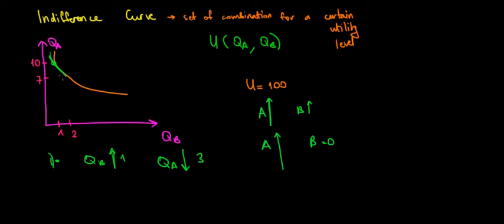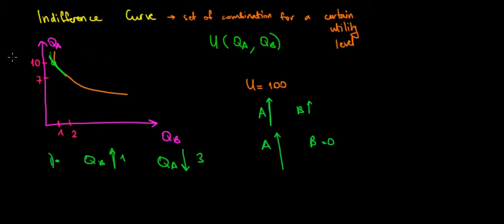So whenever we have a lot of one good, we are willing to exchange that good for the other, because we have much of it. We're not really attached to it. We don't value it as much. Just think in simple supply and demand. If supply is high, value is low.